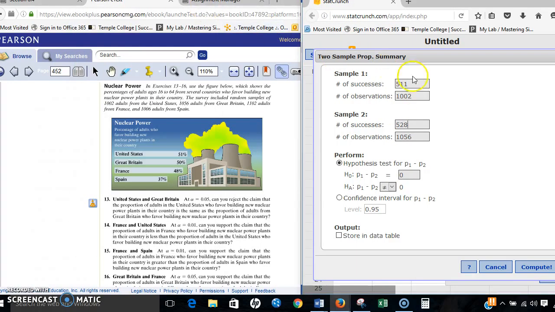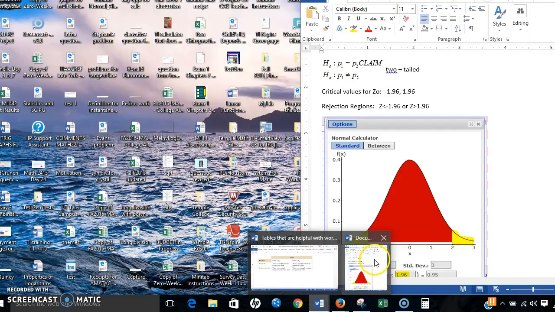So I had to calculate the number of successes by multiplying my percent, in this case 0.51, times 1,002. And for sample 2, to get this 528, I had to multiply my 50%, 0.50, times 1,056.